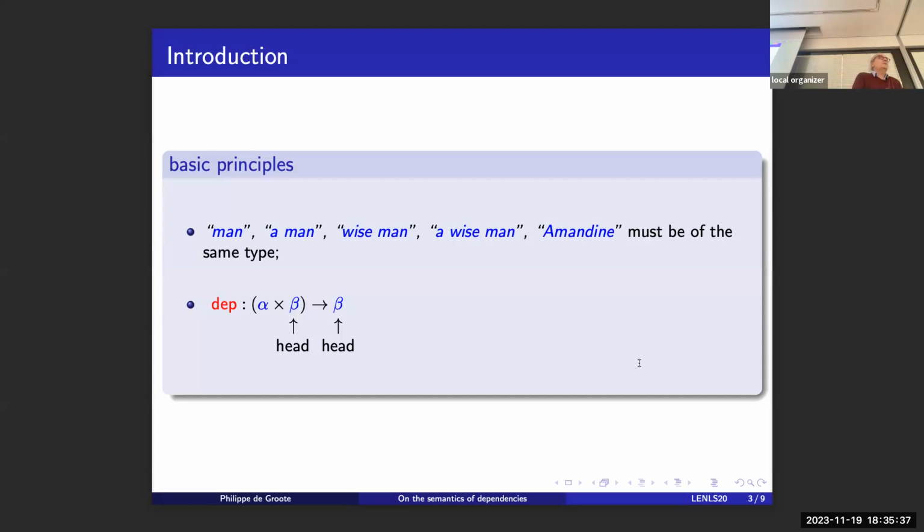Yeah, you could imagine, for instance, that for verb phrases there would be different kinds. One for transitive verbs, one for non-transitive verbs, and then the object dependency relation would take possibly a transitive verb phrase, and not a non-transitive verb phrase. That would be a possibility.